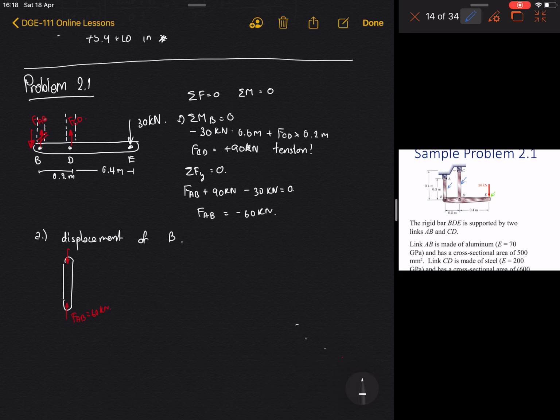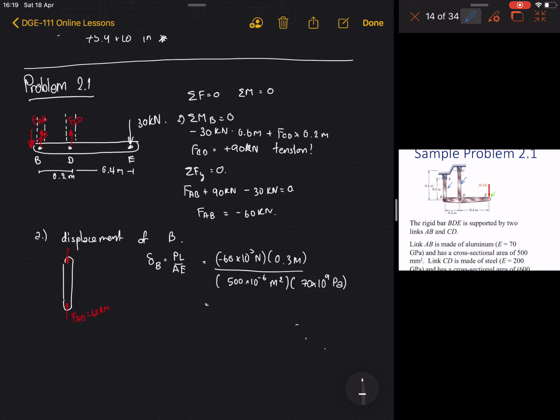Then we use this formula again. Here we have the force as negative 60 times 10 to the power of 3 newtons, length 0.3 meters, area of 500 times 10 to the power of minus 6, because we need to change the unit to SI units, and Young's modulus of 70 gigapascal.